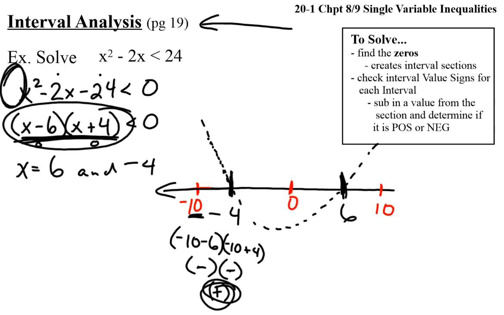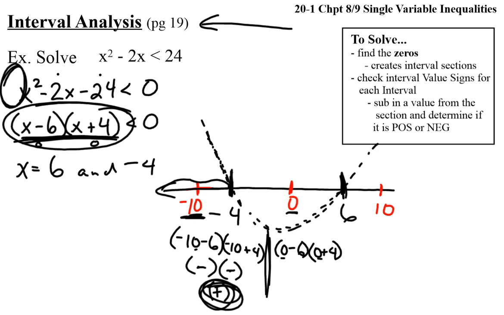So in this section of the graph, we see that it's positive, and we can see that by how we would sketch the graph. If you didn't want to look at the sketch, you can pick a point within that section and throw it in to see whether it's positive or negative. In the middle portion, I'm going to use 0. I take 0 minus 6 times 0 plus 4, 0 being put into my factored form.